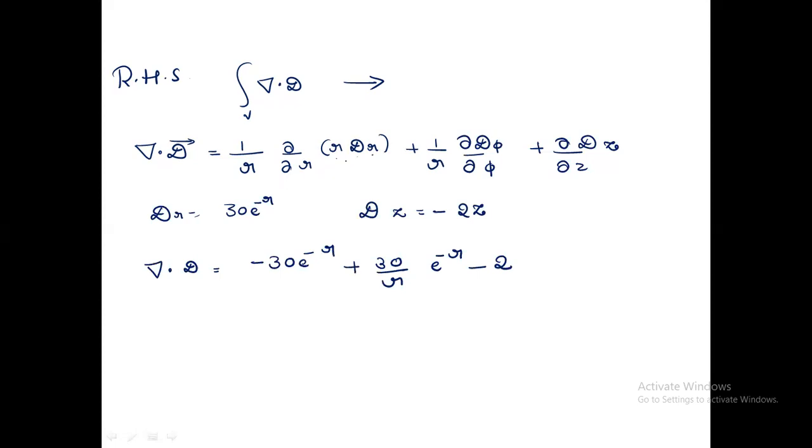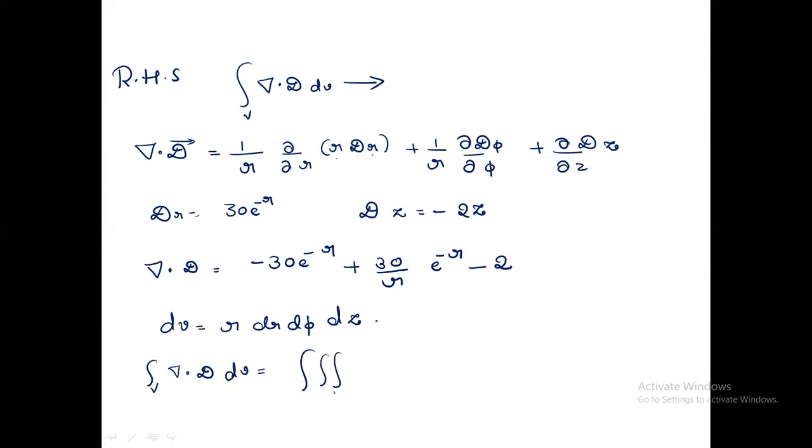Okay, so here r into 30 e power minus r, you will have to use the product rule for differentiation. And then we have dv for the cylindrical coordinate system as r dr dφ dz. Do the volume integral again. Volume integral means what? You have to do integration 3 times. See, I forgot dv again.